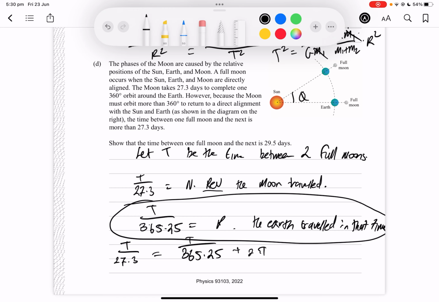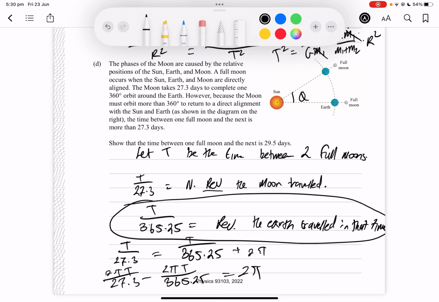So this is actually the revolutions the Earth has traveled in that time. So these are all in terms of revolutions. If we want to convert it to radians, we have to multiply both of them by 2 pi. So it'll be 2 pi t over 27.3 minus 2 pi t over 365.25 equals 2 pi.